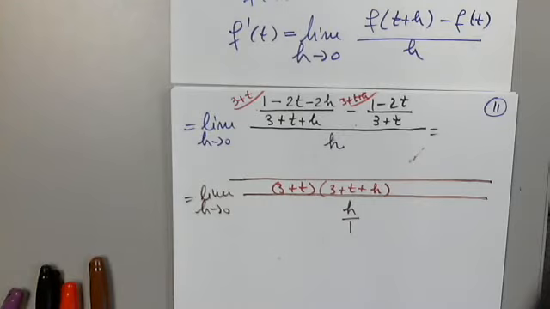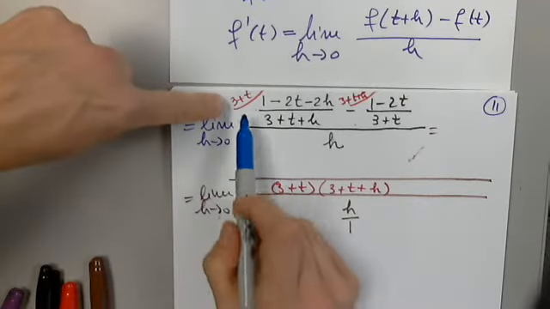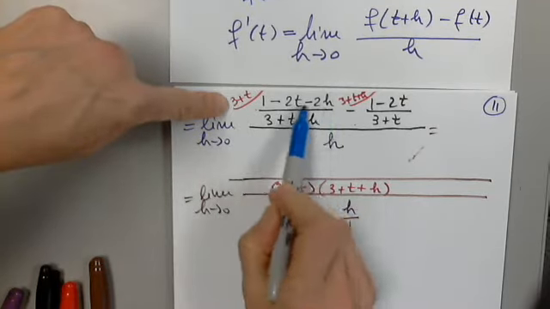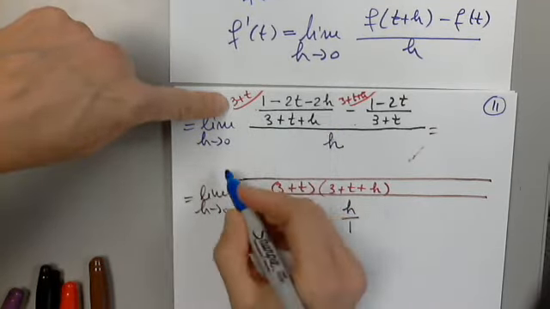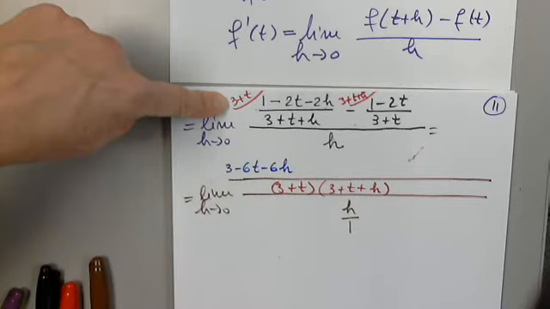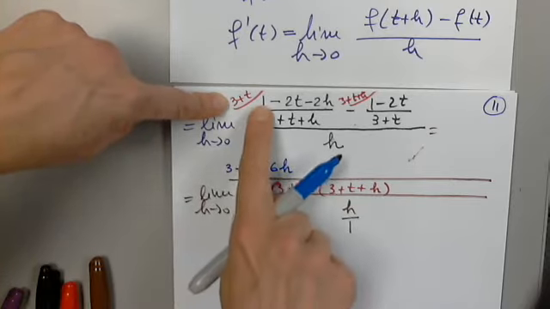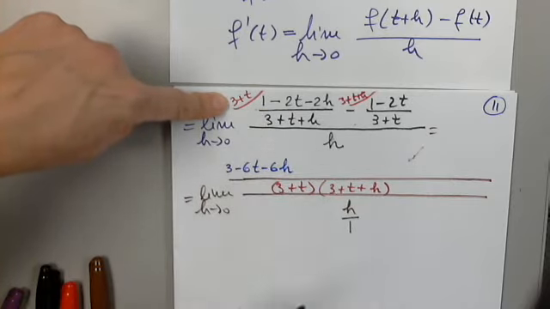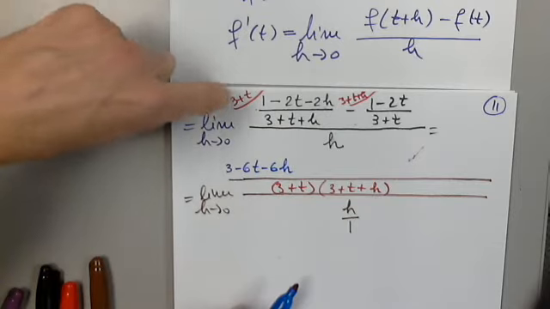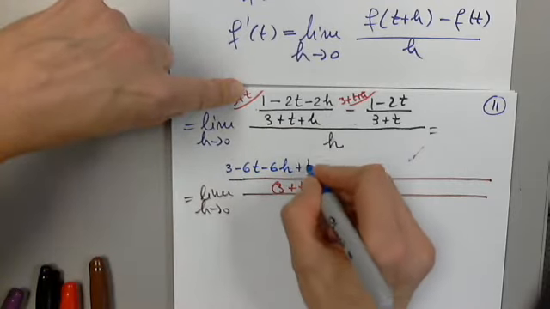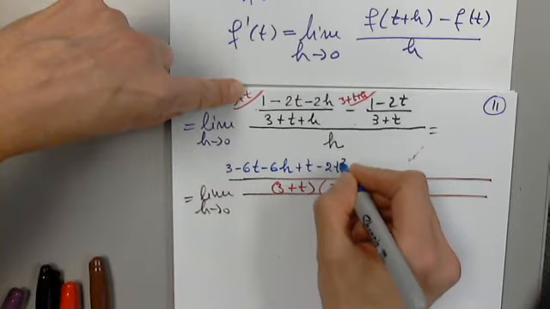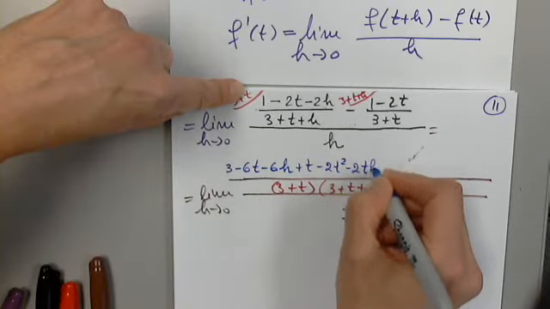So can anyone dictate, please, the top? We distribute 3 to all these 3 terms. So 3 minus 6t minus 6h. We agree with the first 3? So 3 minus 6t minus 6h, correct? Now I distribute t plus t minus 2t squared minus 2th.